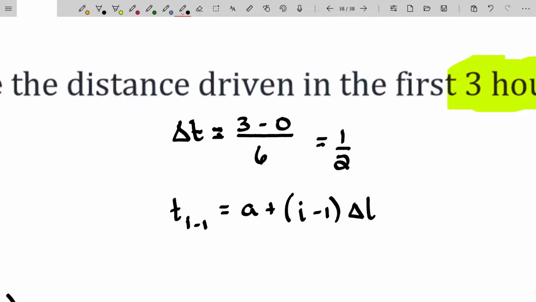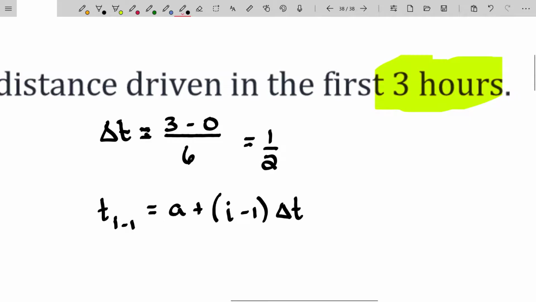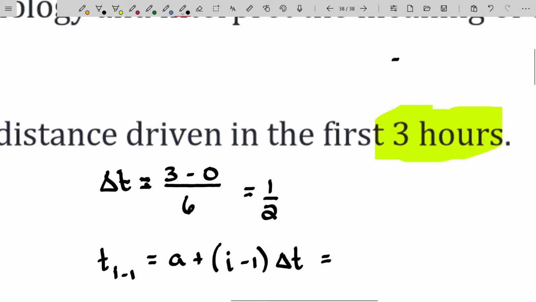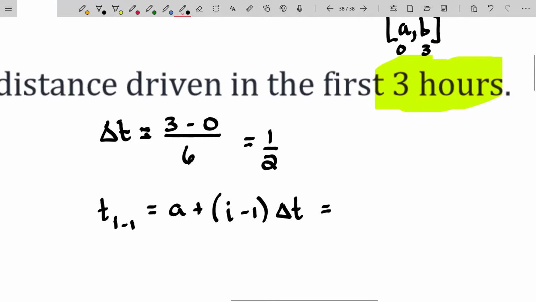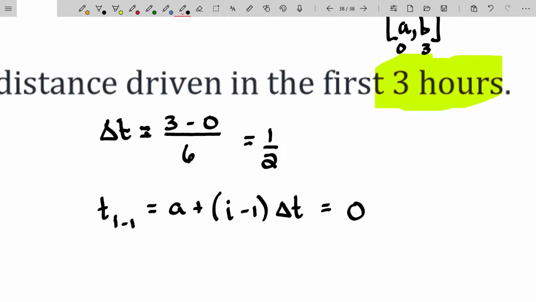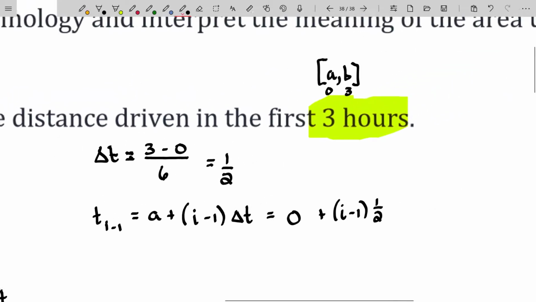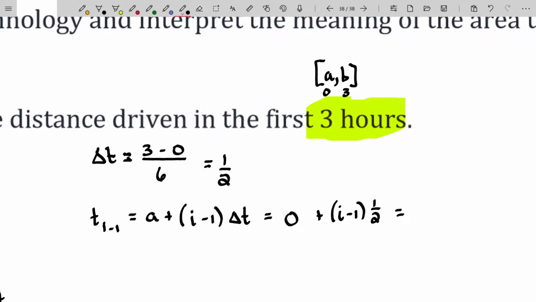That's the only difference. Now plugging in everything we need, remember, the interval goes from a to b, and a is 0, b is 3 in this case. So a being 0 plus the quantity i minus 1 times delta t, which is 1/2. And so we get the following for t sub i minus 1. It is just 1/2 times i minus 1. We'll keep it like that.